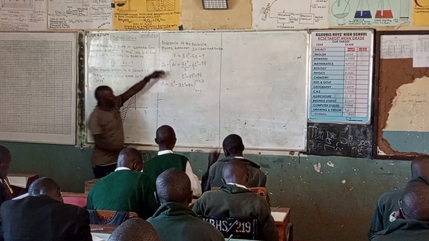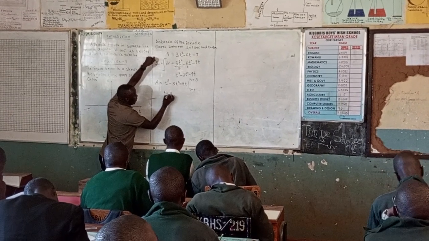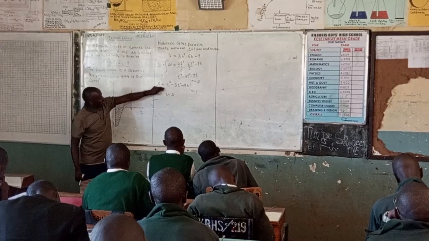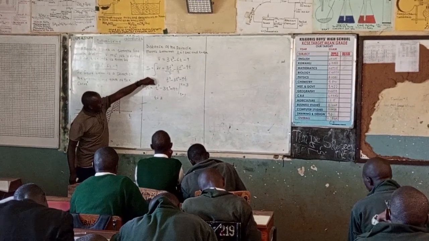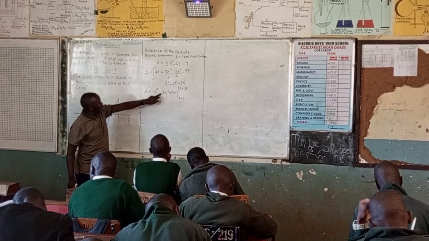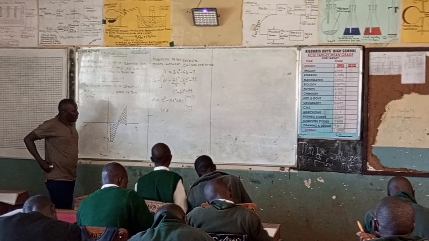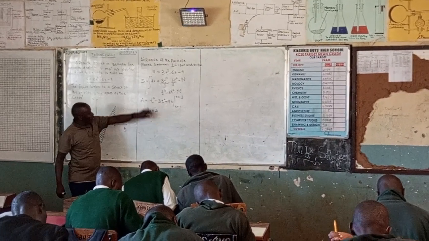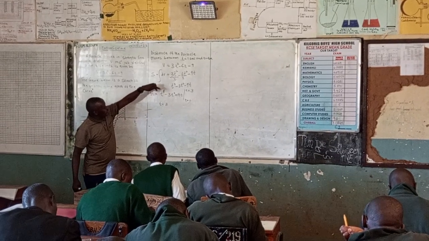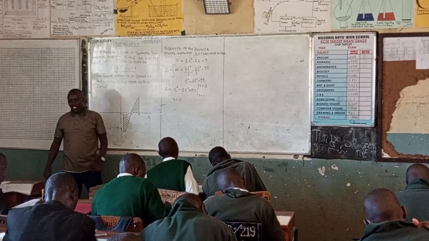You substitute when t equals 3 in t cubed minus 3t squared minus 9t, and give me the answer very fast. What is it?